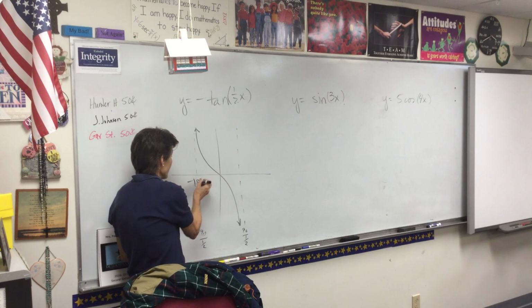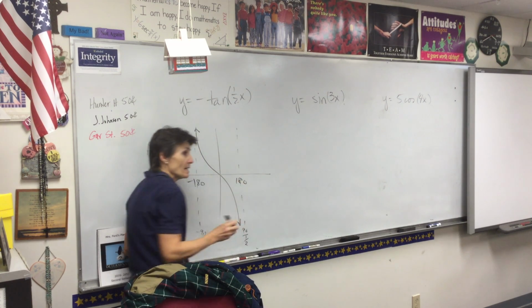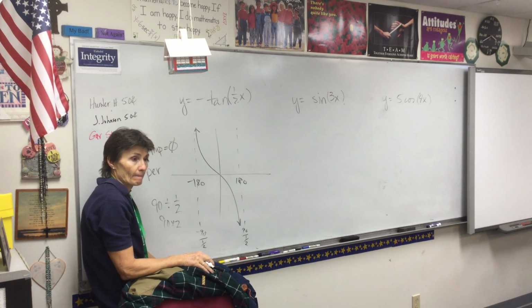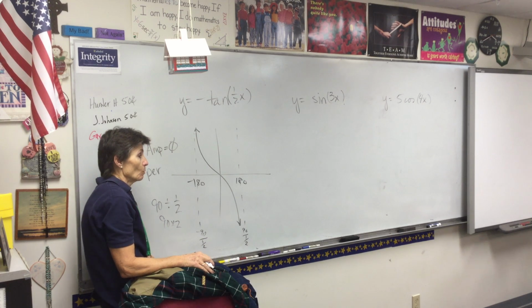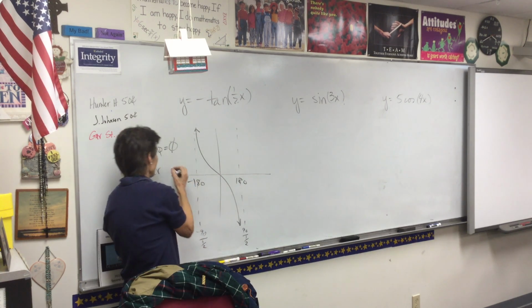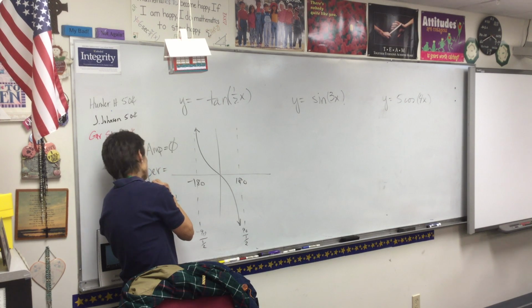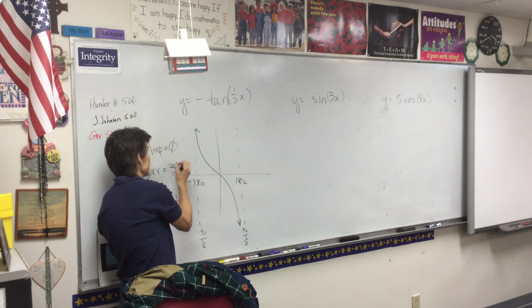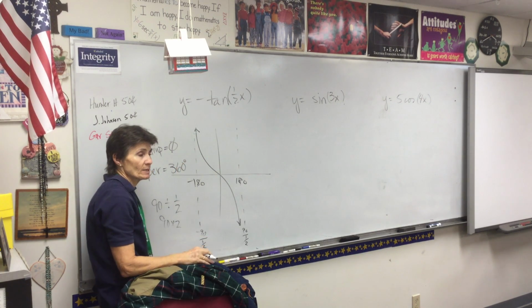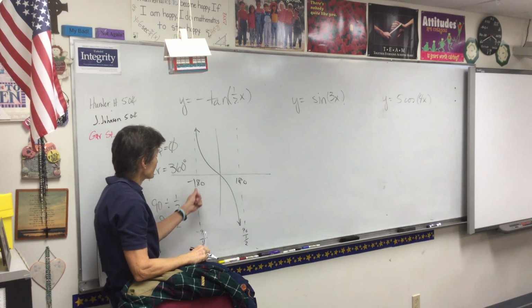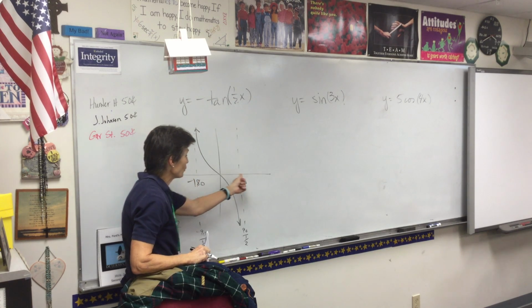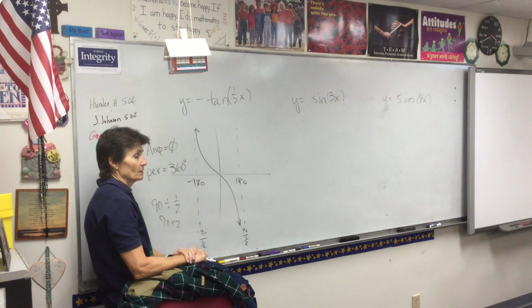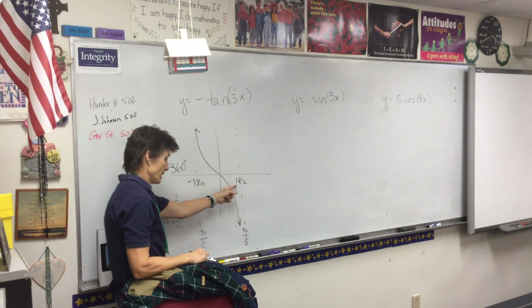So these are negative 180 and 180. Which makes my period then what? No, it's not 180. How far is it from start to finish? 360. So your period is 360. Your period is how far it is from the beginning of your curve to the end of your curve. So negative 180 to 180.